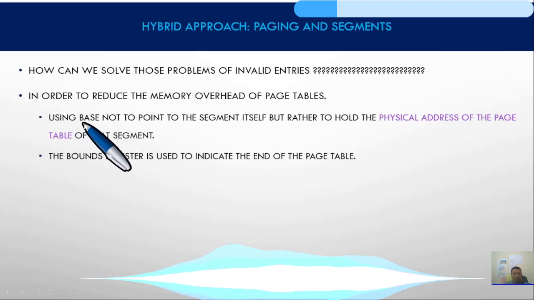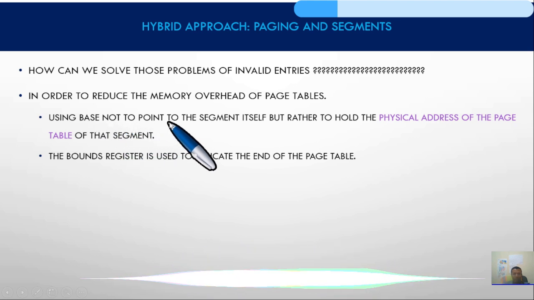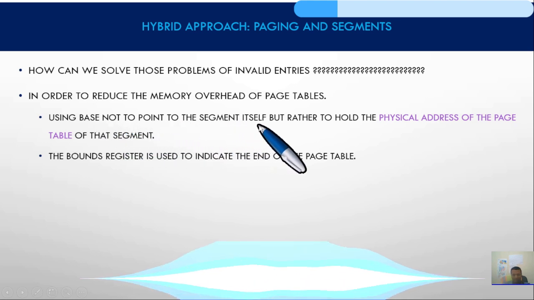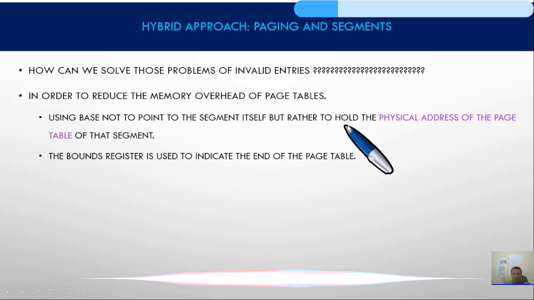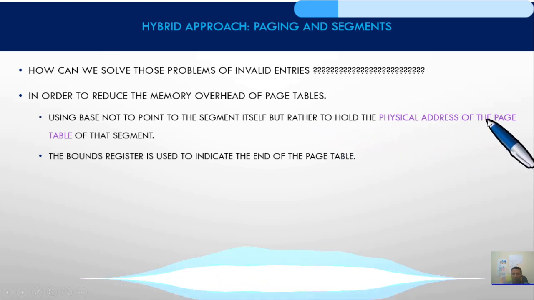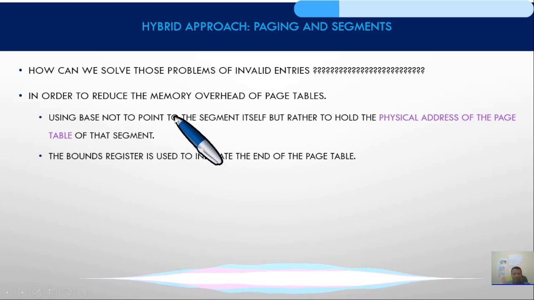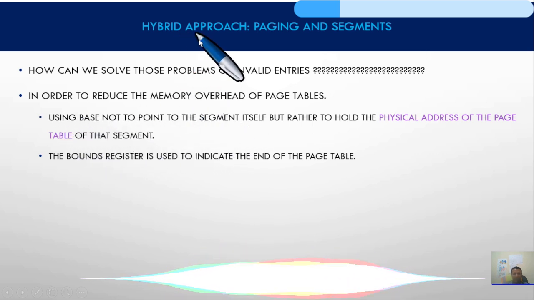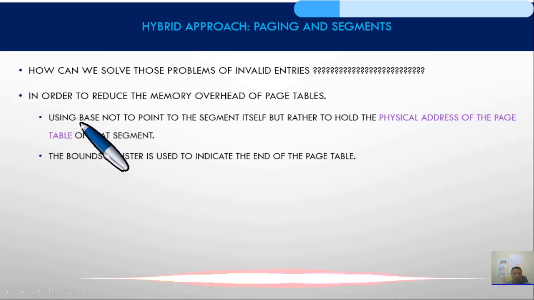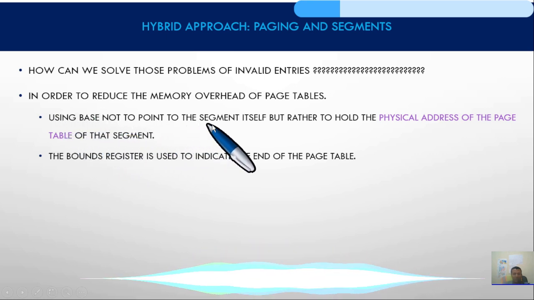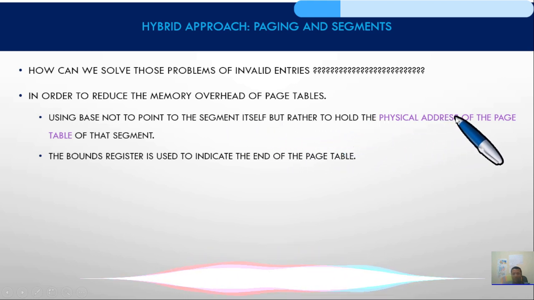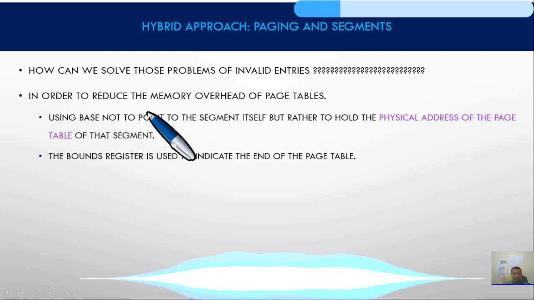We use the base not to point to the segment itself, but rather to hold the physical address of the page table of that segment. In our previous chapter we saw the base and bounds system of address translation, but in the hybrid approach the base does not point to the segment itself, but rather holds the physical address of the page table of that segment.